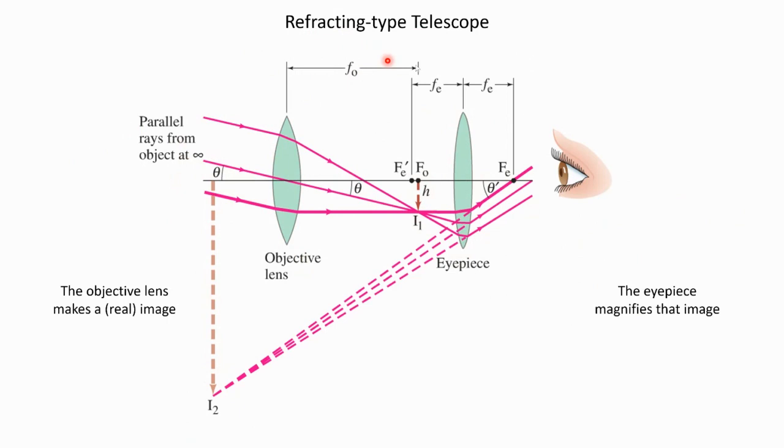So notice something. For this to work as well as possible, the object is infinitely far away, so the image that's formed is basically at the focal point of the objective lens, F_O.